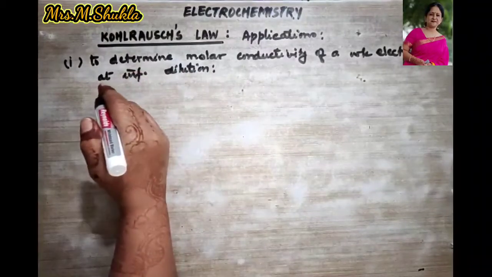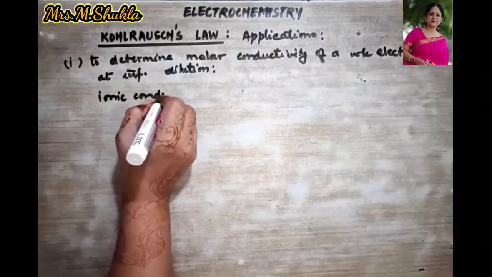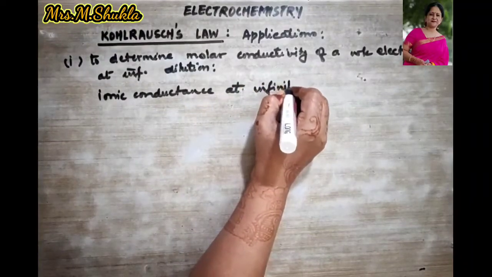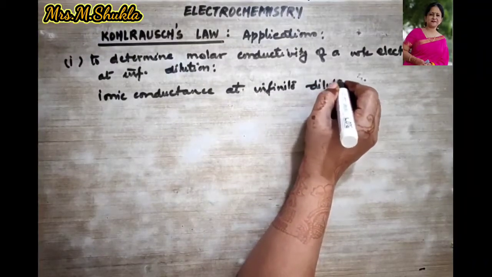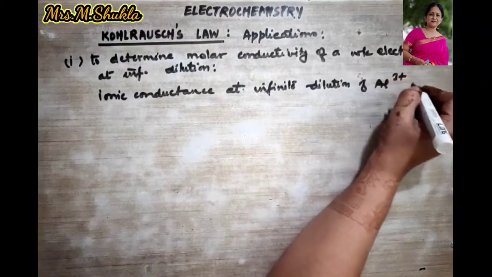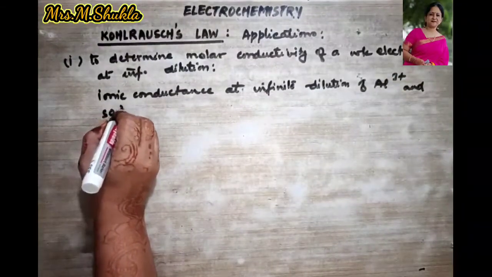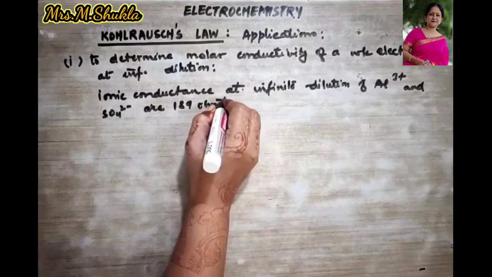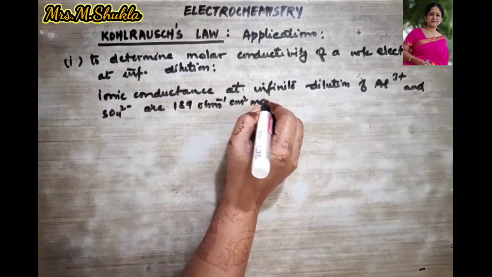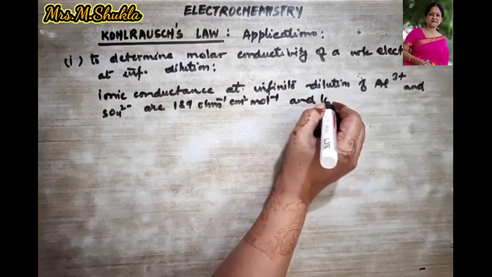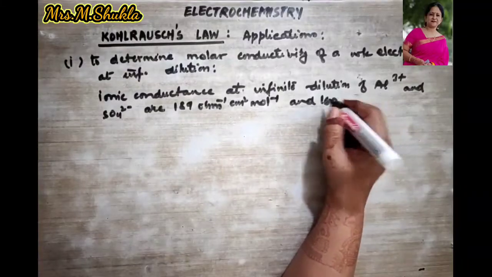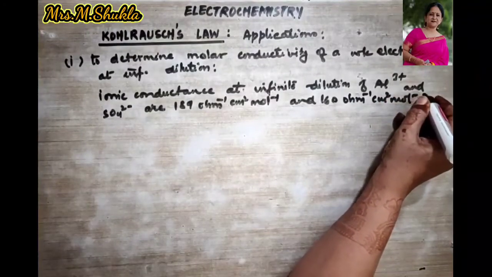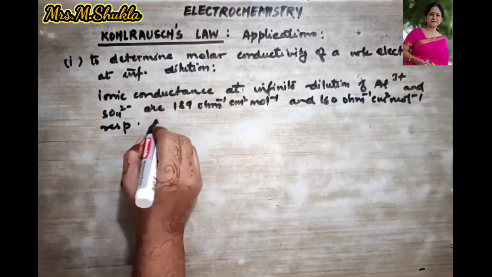For example, let's take the ionic conductances at infinite dilution of aluminium ion and sulfate ion as 189 per ohm centimeter square per mole and 160 per ohm centimeter square per mole respectively.